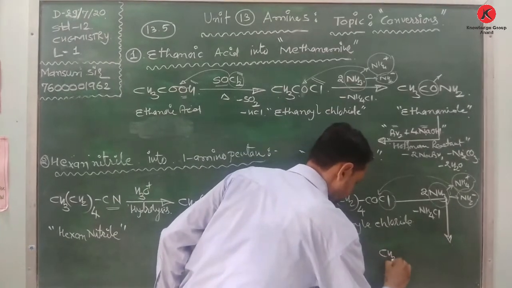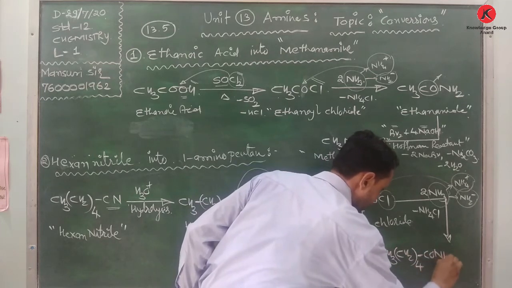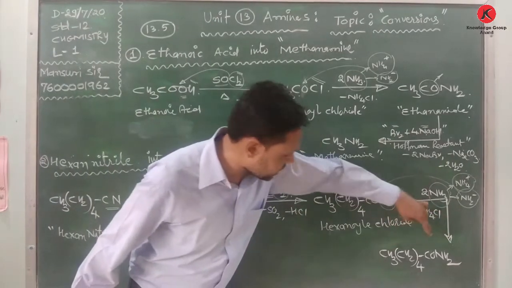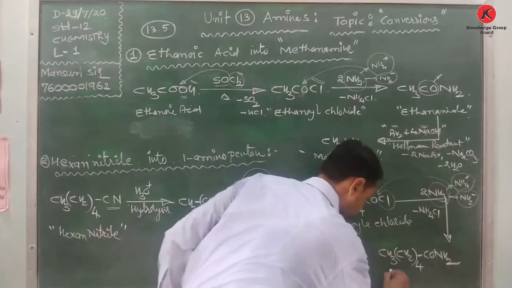So CH3 CH2 4 times, CONH2 is formed. This is my amide, a 6 carbon containing amide. That means this is my hexanamide.